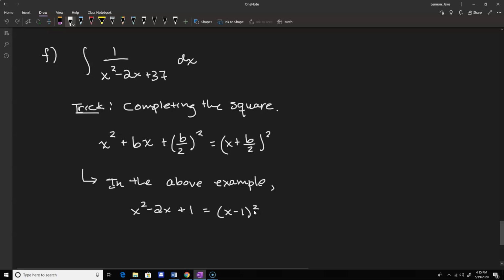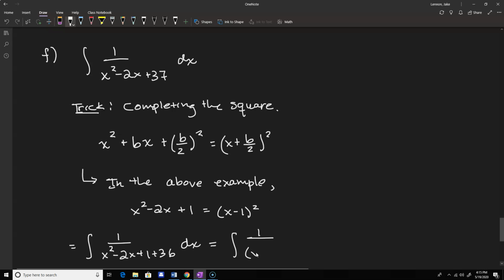And that's actually not so difficult to do, because we can take the integral and just write it as the integral of 1 over x squared minus 2x, and we can write 37 as plus 1 plus 36. And then that's nice because we're now able to factor the first 3 terms, that trinomial on the bottom.